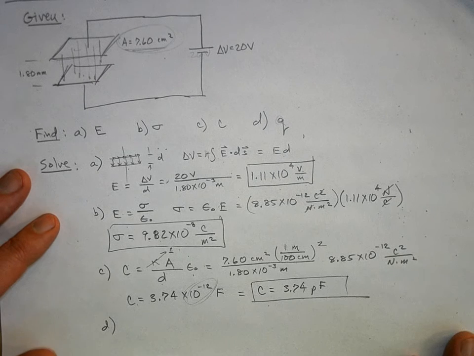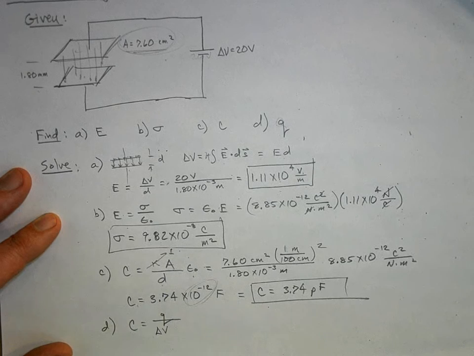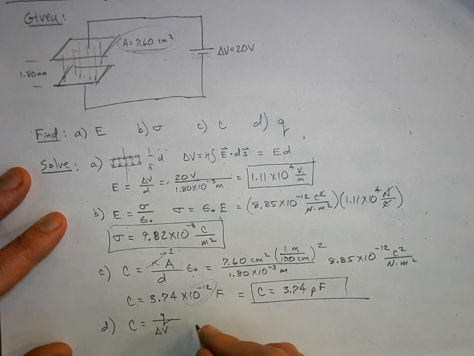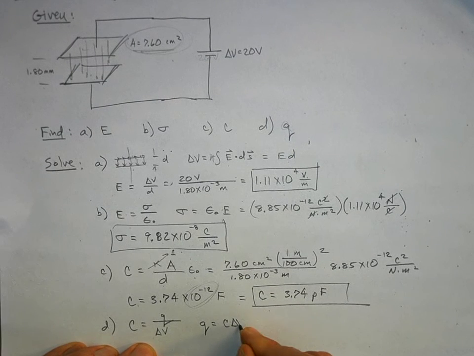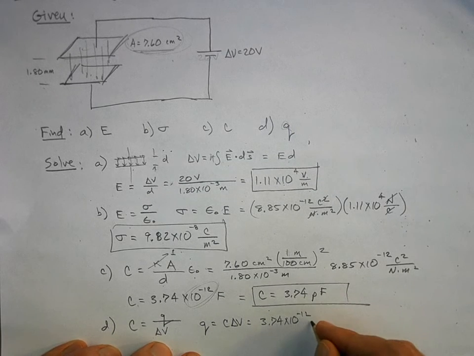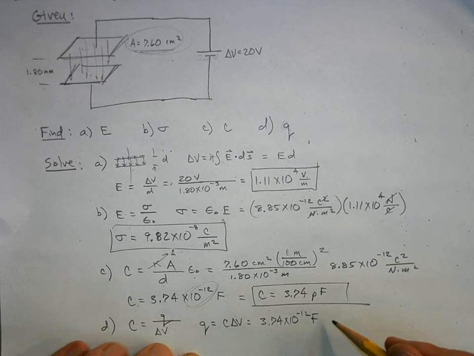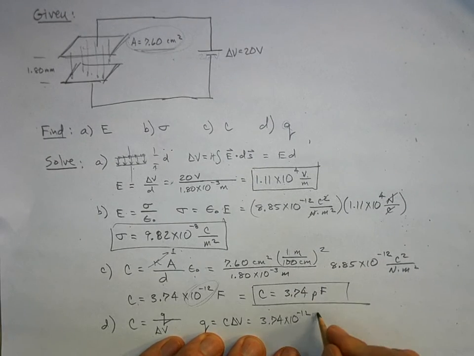And then part D is, well, if we know the capacitance, we know capacitance is by definition the charge on the positive plate divided by the voltage difference between the plates. And so Q is equal to C times delta V, which is 3.74 times 10 to the negative 12 farads. And what is a farad? A farad is a coulomb per volt.